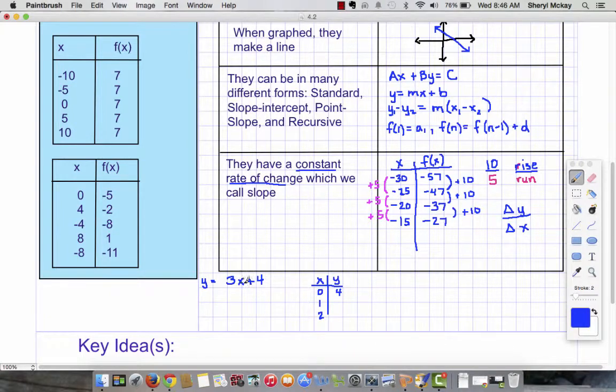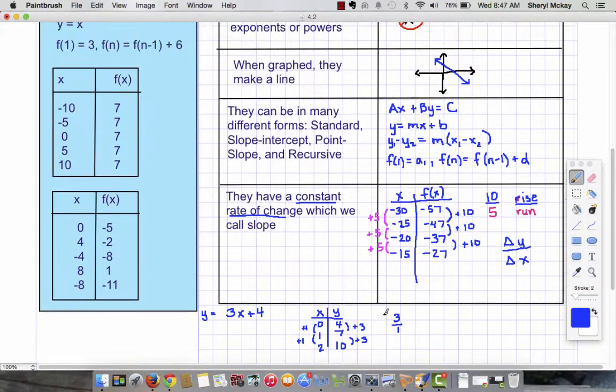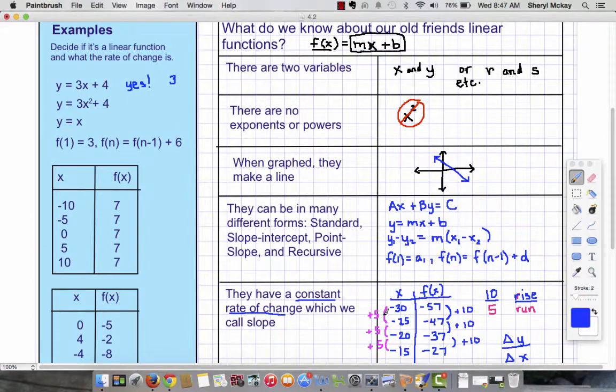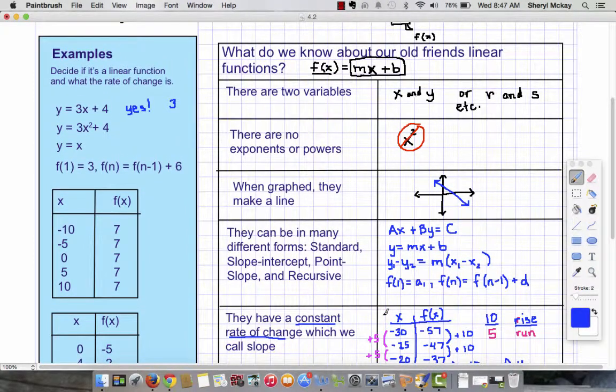When x is 1, y is 7. When x is 2, y is 10. And then I can look at my intervals and my differences. Here's plus 3, and my intervals are plus 1, plus 1, and plus 1. So my difference over my interval is 3 over 1, which is 3. So even if you can't recognize the slope-intercept form, you can do a table and look for equal differences over equal intervals.